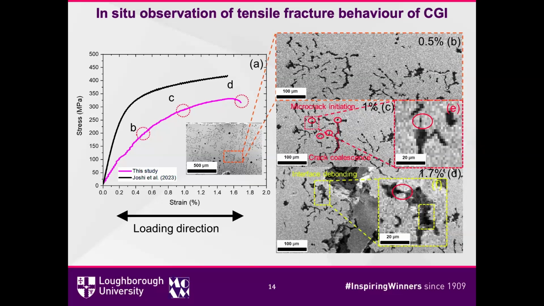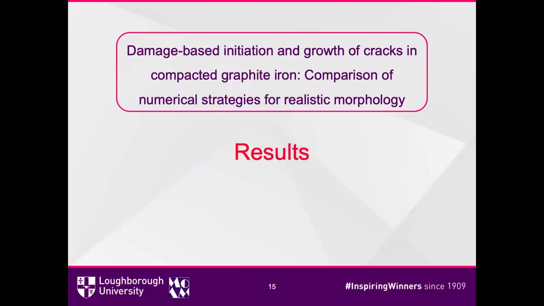However, when the strain is around 1%, we find some small cracks here, and also crack coalescence in this part. After the final debonding, we find some interface debonding and also some small cracks here. So we got the fracture strain, which will be used to validate our models.